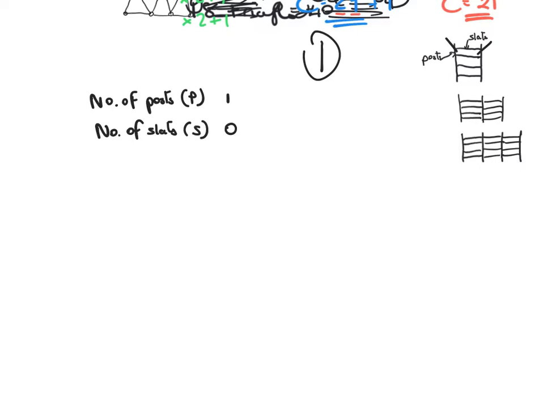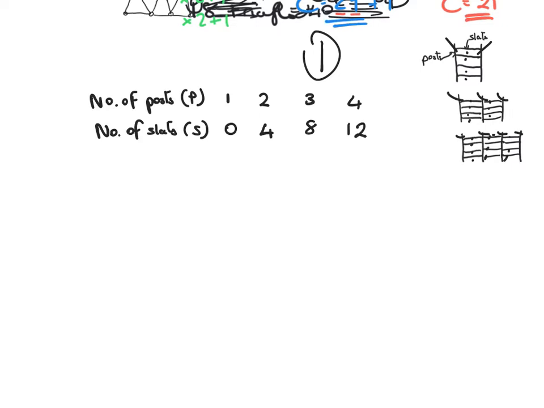Then we've got 2 posts and 1, 2, 3, 4 slats. Then we've got 3 posts and 1, 2, 3, 4, 5, 6, 7, 8 slats. And then we've got 4 posts and 1, 2, 3, 4, 5, 6, 7, 8, 9, 10, 11, 12 slats.